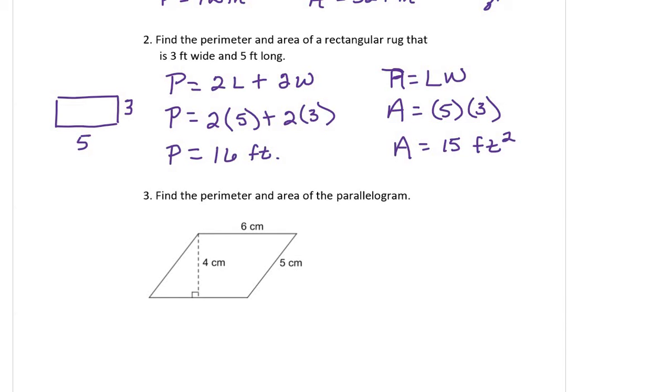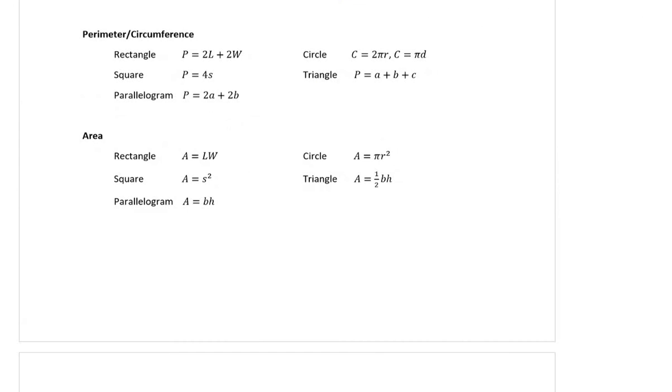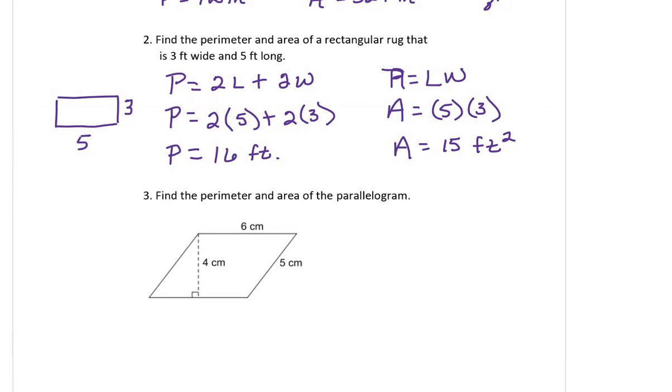Problem 3, I'm asked to find the perimeter and area of the parallelogram. Looking at my reference sheet, I see that for a parallelogram, the perimeter is 2a plus 2b, and for the area, it's base times height. Now, I believe on the homework, when they give you this problem, they don't call it a parallelogram, they call it a quadrilateral, which just means it has 4 sides.